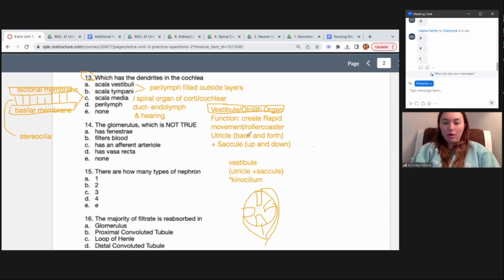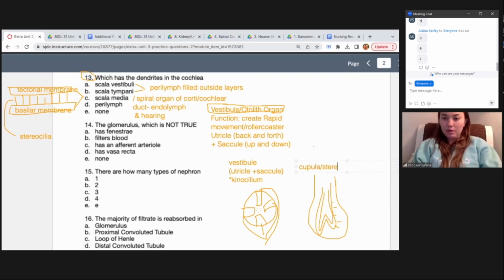Then we have this one I just drew, the ampulla, the cupula, right? It has the perilymph and the endolymph, and it has the little stereocilia. So this would be the cupula with the stereocilia, and this is part of the semicircular canal. Remember, semicircular canal is for balance. Vestibule is for rapid movement.